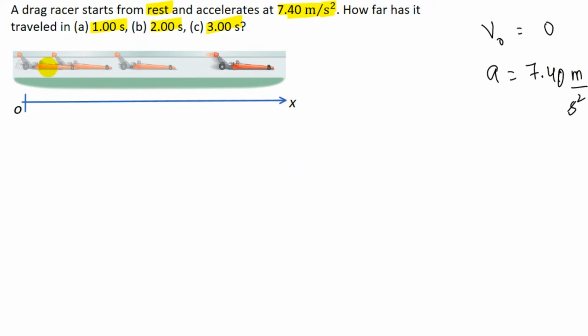Now this is the position of the drag racer at t equals 0. This is at t equals 1. Similarly, t equals 2 seconds, and this is t equals 3 seconds.